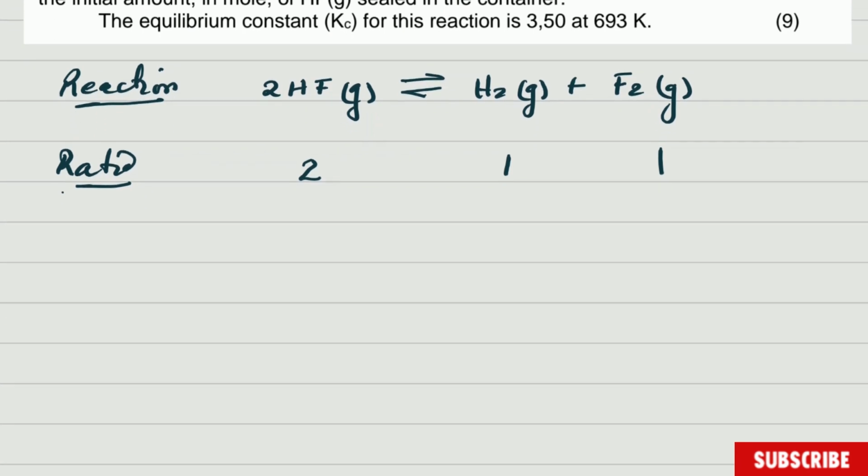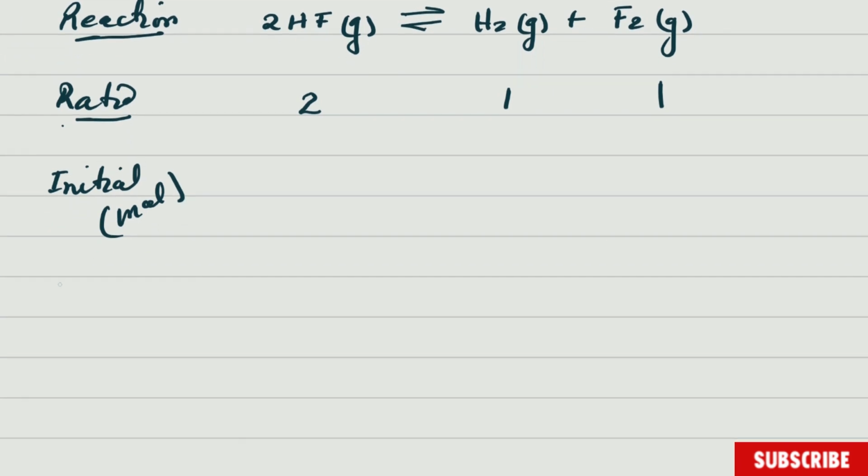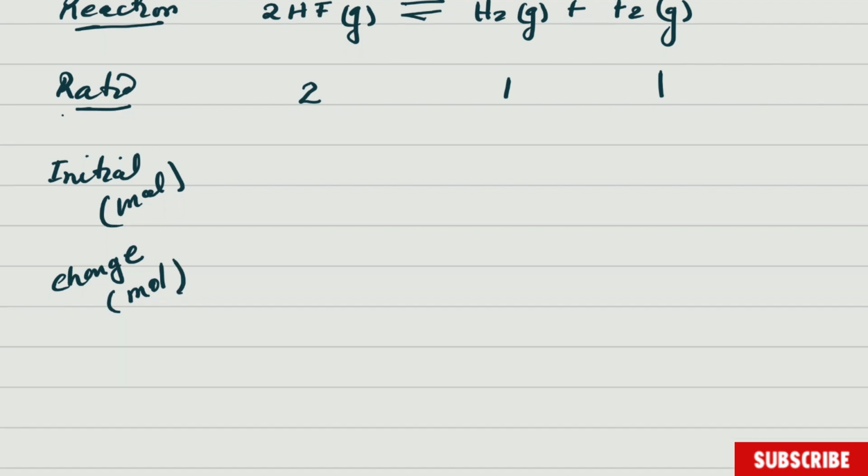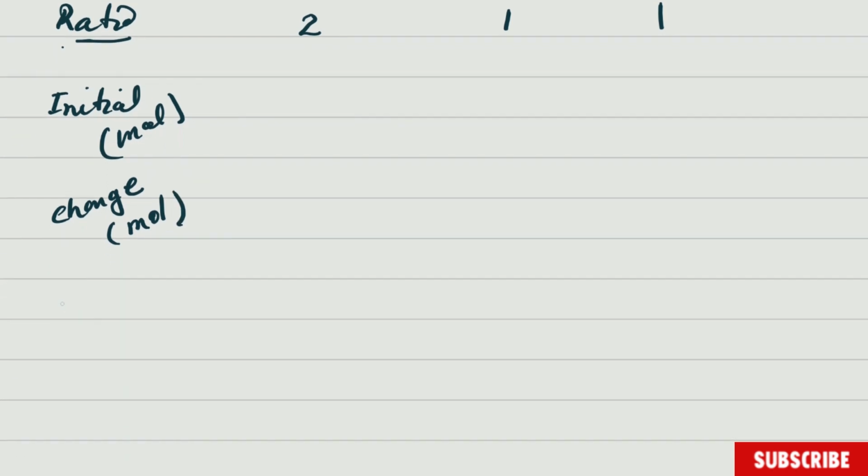Then in the table you will have initial, and this initial is going to be in mole. All right, then you are going to have change, and this one is also going to be in mole. Then you are going to have equilibrium.